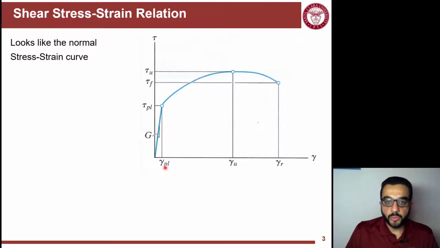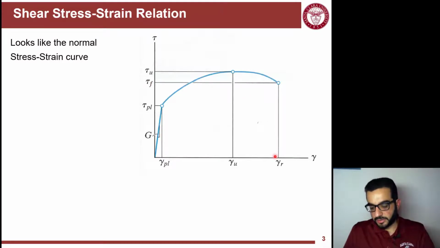We have here gamma proportional limit. So this is a linear relationship, and then you have a plastic nonlinear relationship up to tau ultimate, gamma ultimate, and then you start having the failure at tau fracture or failure and gamma fracture.